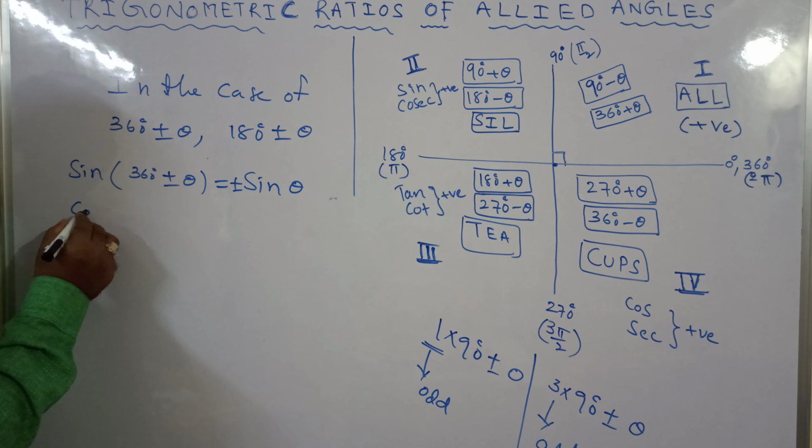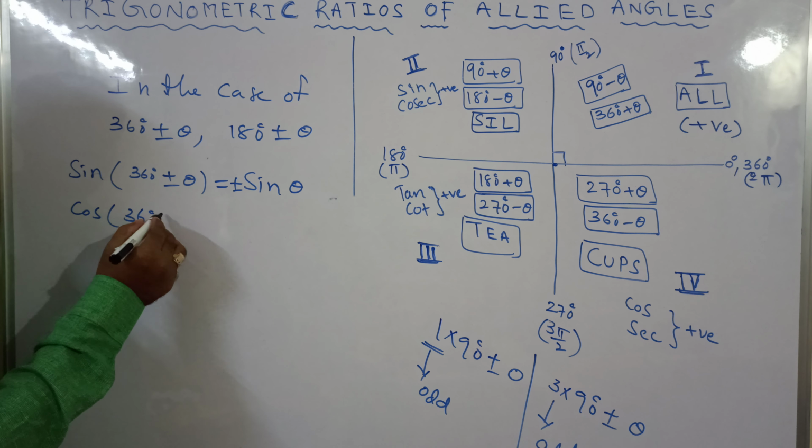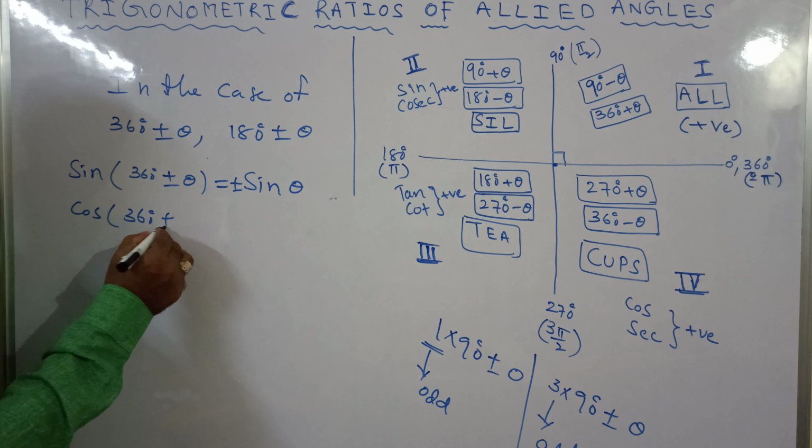Now cos 360 plus or minus theta equals plus or minus cos theta. Tan 360 plus or minus theta equals plus or minus tan theta. Cot 360 plus or minus theta equals plus or minus cot theta.